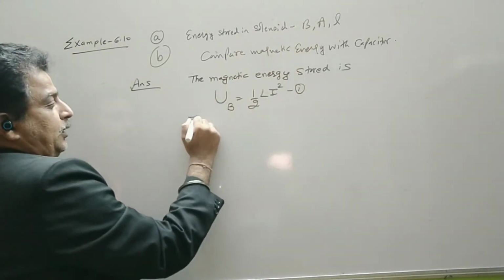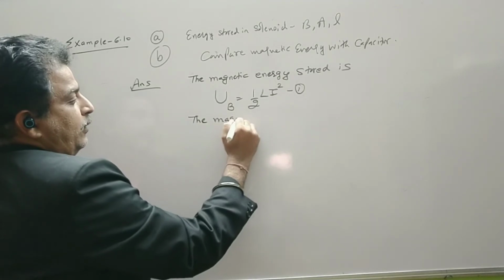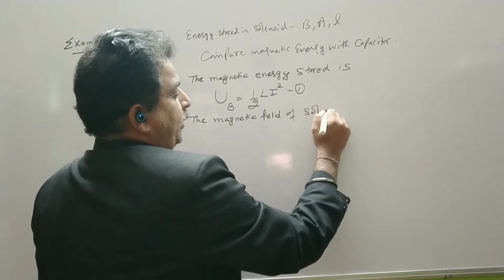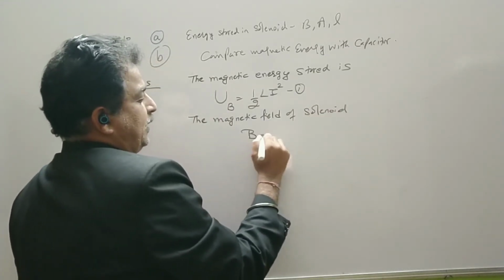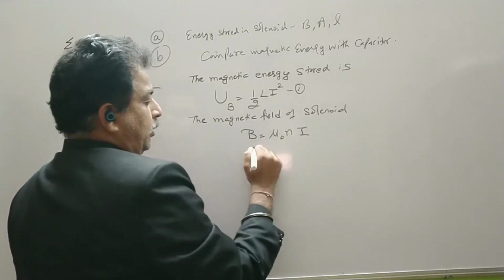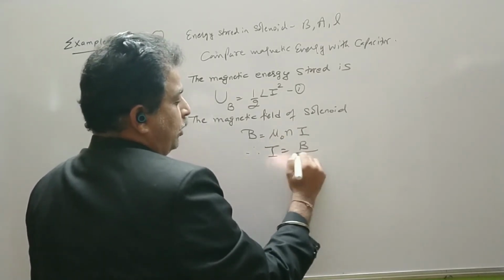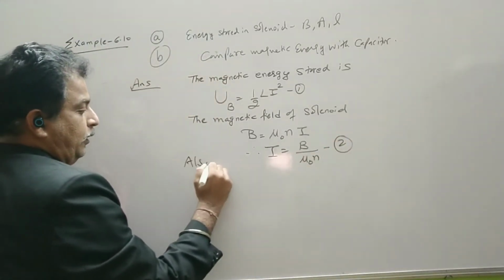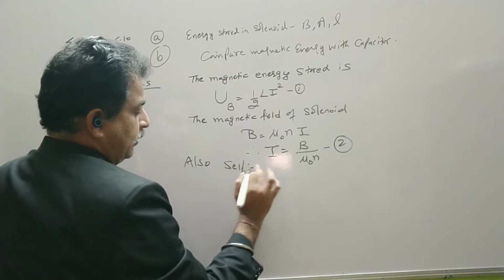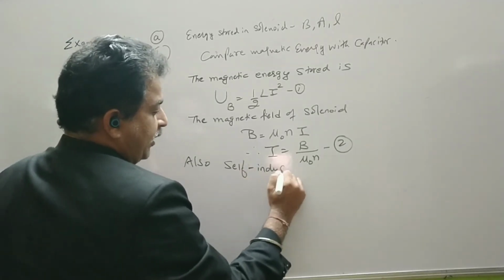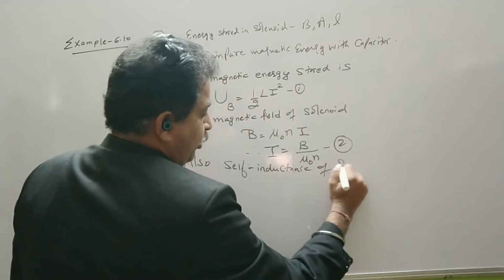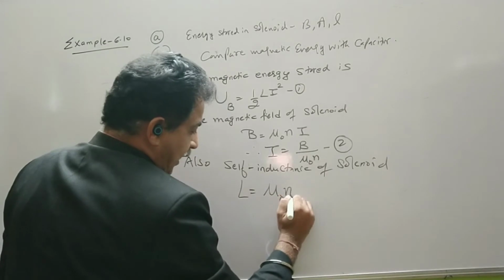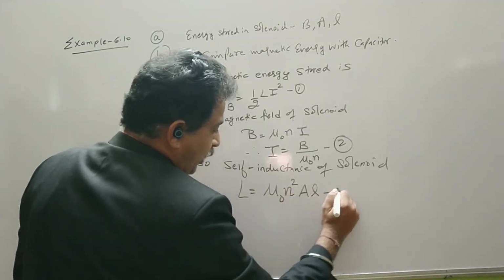So we know that the magnetic field of a solenoid is B equal to mu naught n I. Therefore, I will be equal to B upon mu naught n. That is equation number 2. Also, the self-inductance of a solenoid L is mu naught N square area into length.